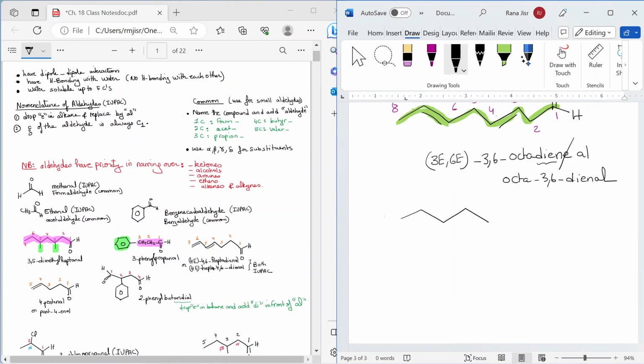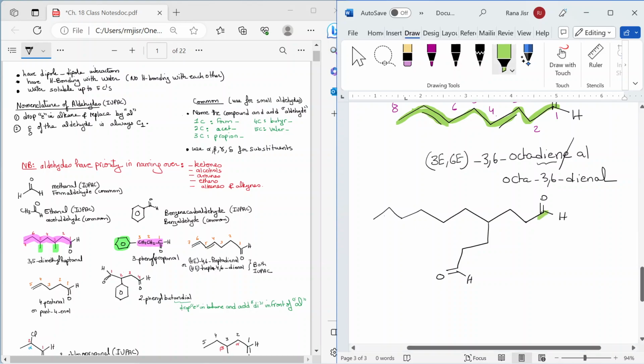If you have two aldehydes that are in the same chain, they both need to be terminal though. So let's say if we have two aldehydes over here, you always choose the longest carbon chain that includes both aldehydes. So let's say if we have something like that.